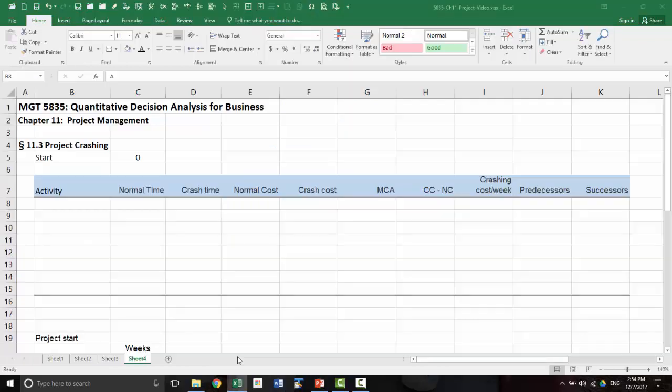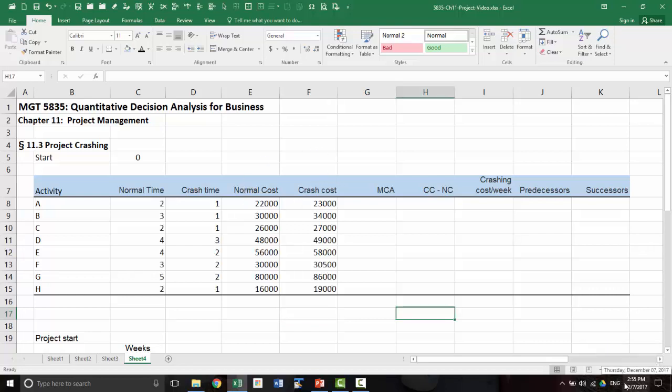All right, let's look at the costs and see where we are. We have activities, and for each we have 4 pieces of information: normal time, crash time, normal cost, and crash cost.